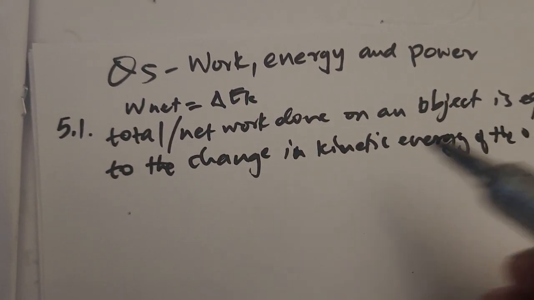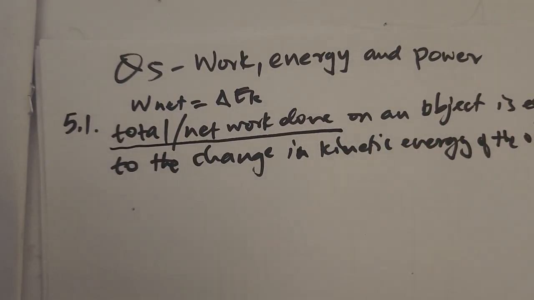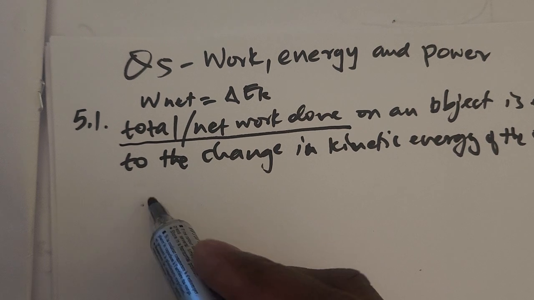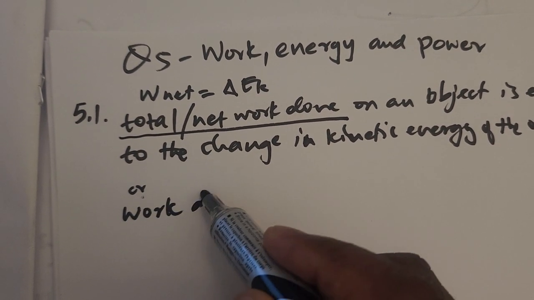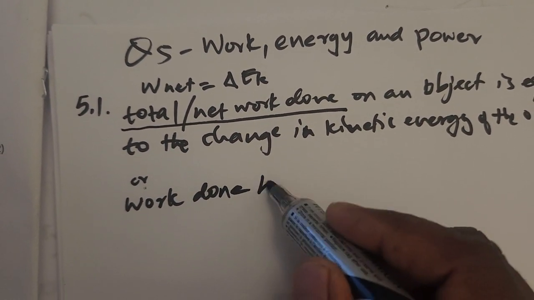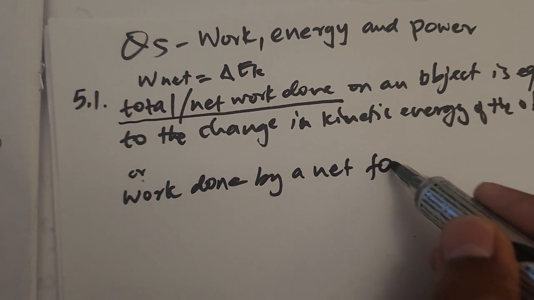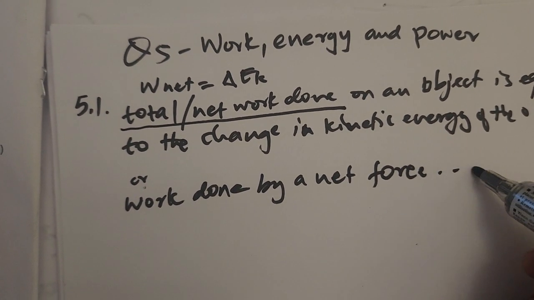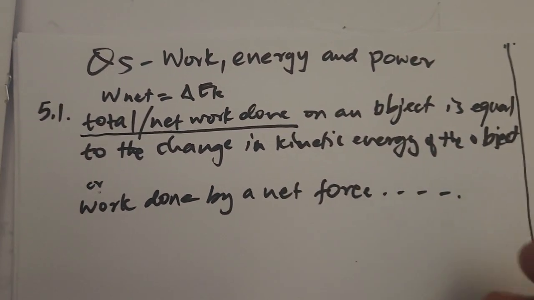Otherwise, instead of the work done on an object, you can just say the work done. Instead of saying total work done or net work done, you can just say work done by a net force. So the latter of the definition is the same, equals the change in kinetic energy of the object.